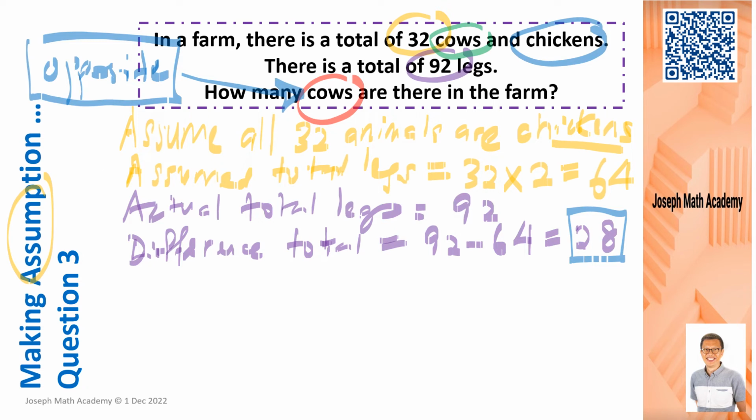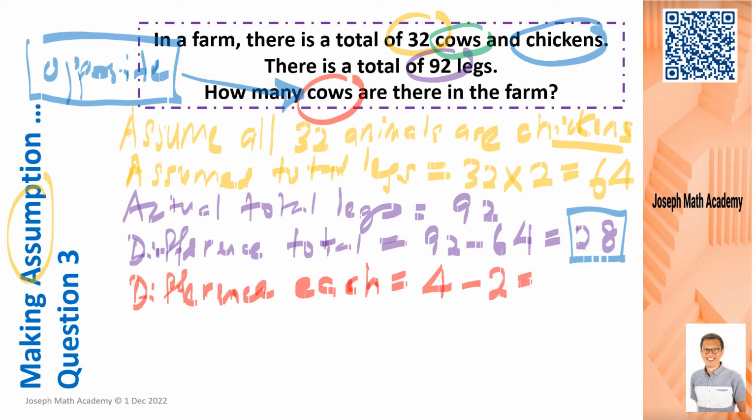Now, I've already told you each cow is pretending to be two-legged. So the difference in legs is one four-legged animal minus one two-legged animal. So a cow is pretending to have two legs fewer.